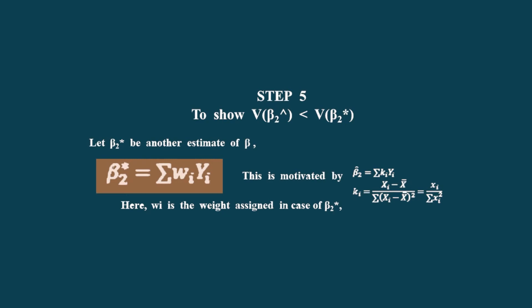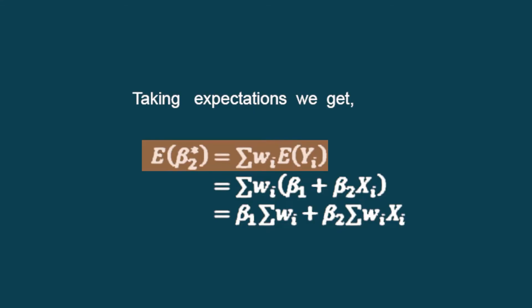When I say summation of wi yi, this wi is the weight which is assigned, and yi is considered to be the estimated value or the original observation. Whenever we take the expectation on both sides, we write summation of wi as it is, but in the case of yi we put an expectation before it, because yi is related with the error term as per our original model. So yi is basically a random variable, so we take an expectation of that.